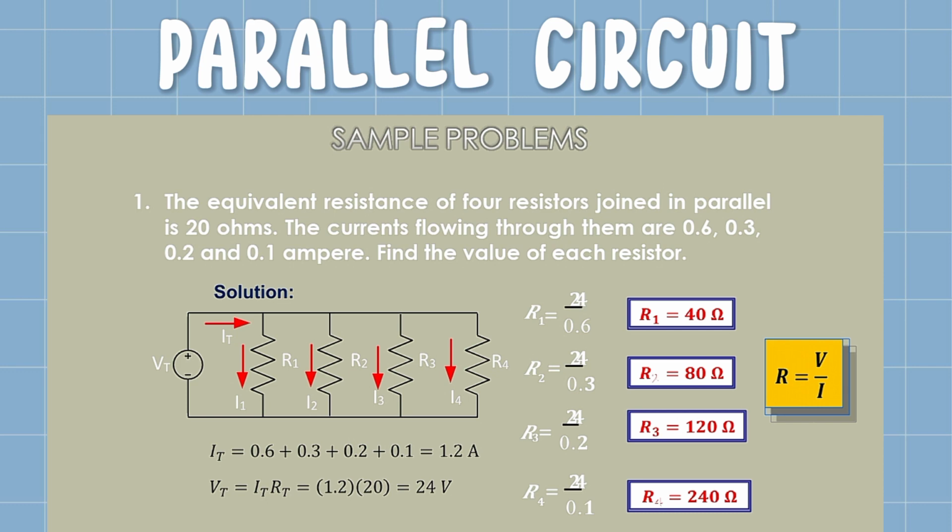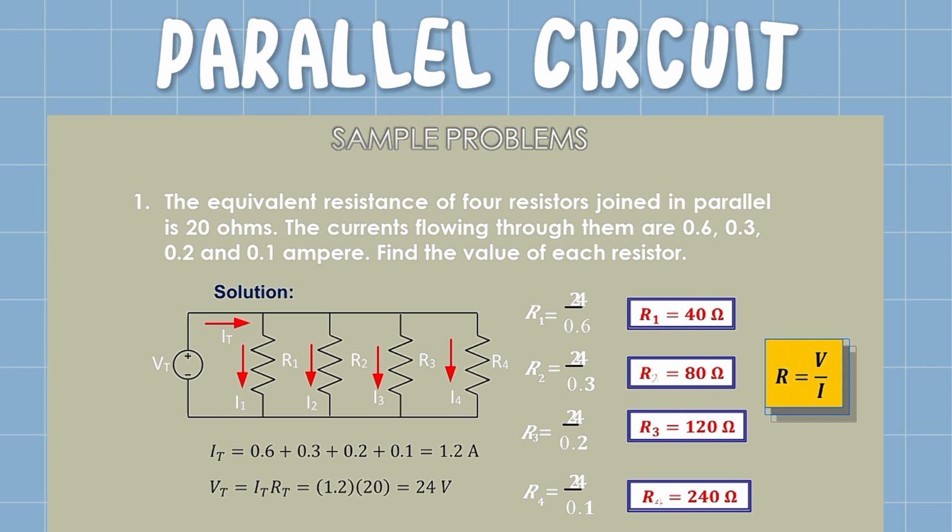The equivalent resistance of 4 resistors joined in parallel is 20 ohms. The currents flowing through them are 0.6, 0.3, 0.2, and 0.1 ampere. Find the value of each resistor. Before we can find the value of each resistance, we should first solve the total current and the total voltage.